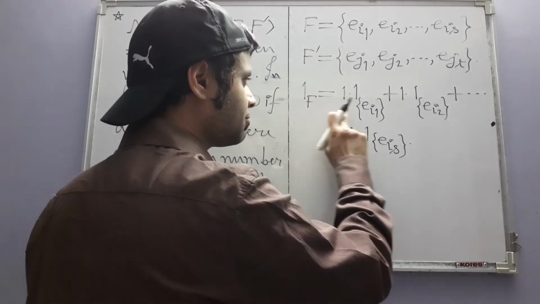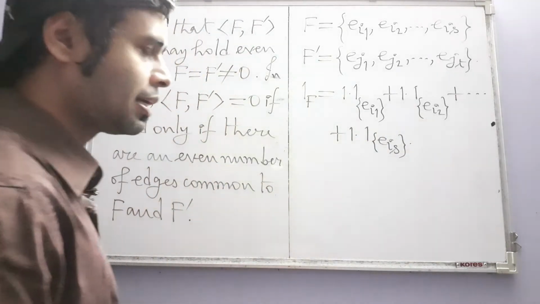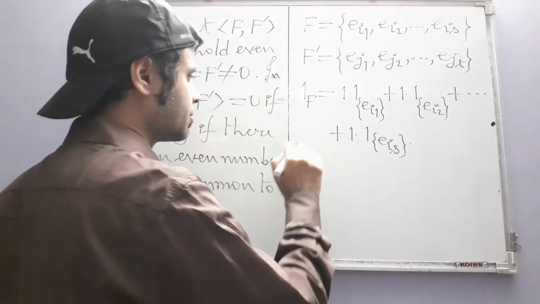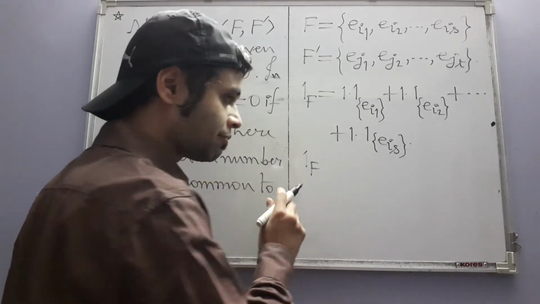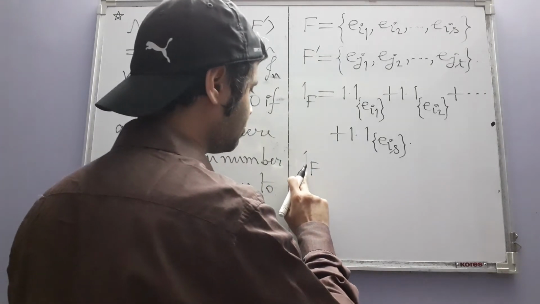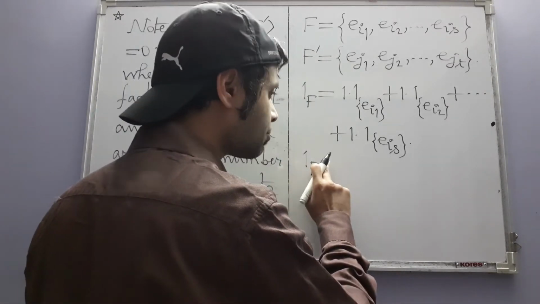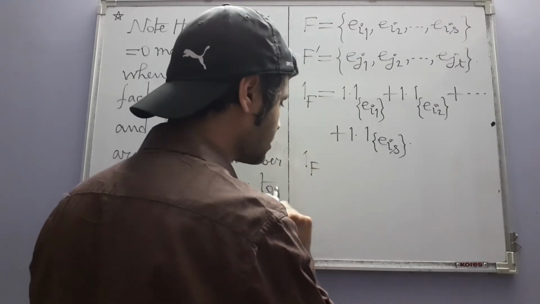And why is 1_F equal to this? That's because, if you evaluate 1_F, because it is after all a function, you would evaluate it at an edge in the graph.